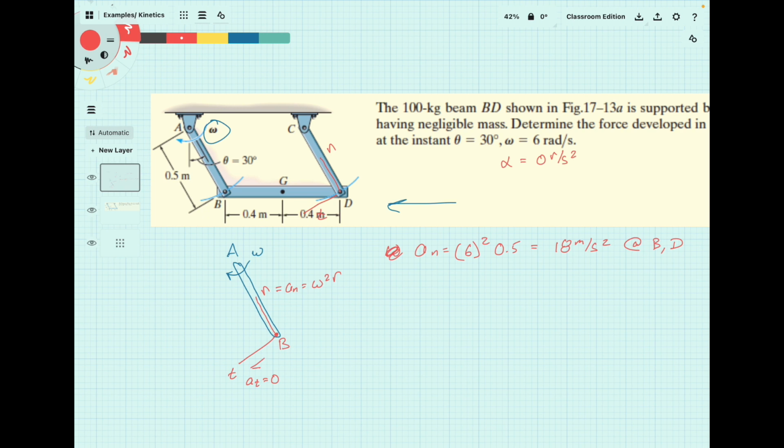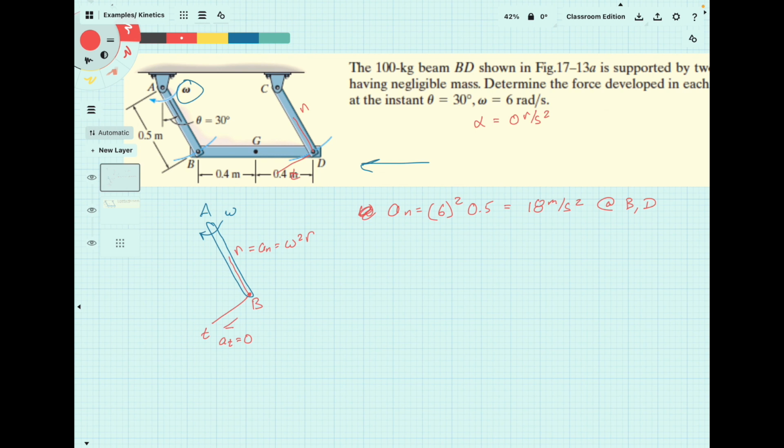That actually as well, if both of those points are moving in a, well, I'll come back to that in a bit. Let me draw out a free body diagram for the bar first. The beam itself. So this will be BD.